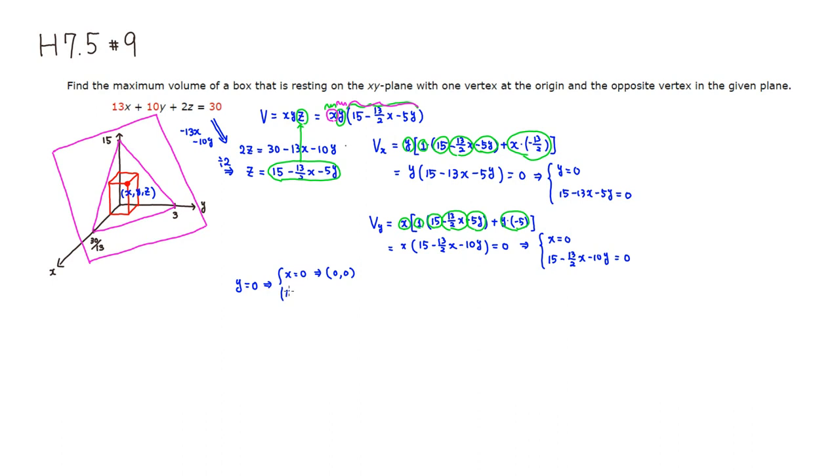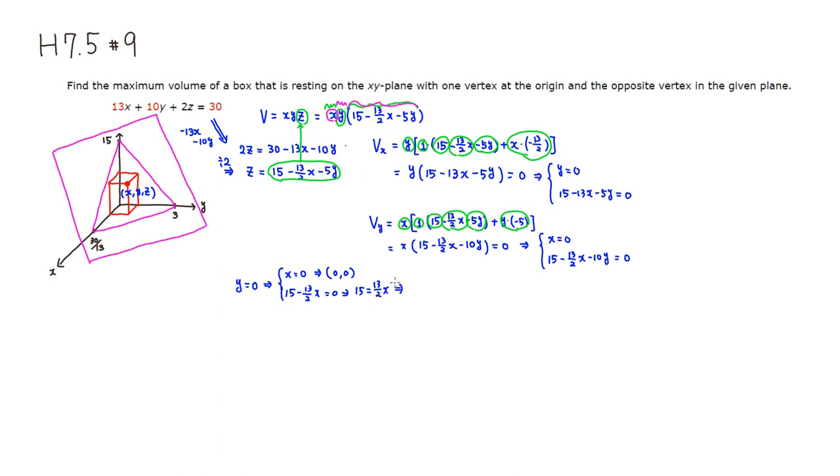So you have 15 minus 13 over 2 x has to be equal to 0, right? If you solve that, I'm going to put this guy on the other side: 15 is equal to 13 over 2 x.